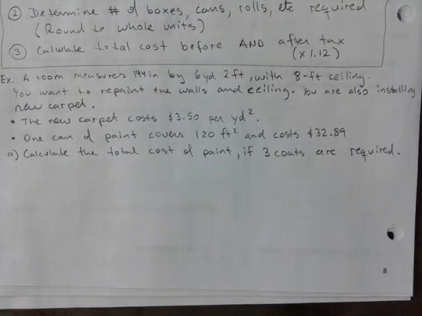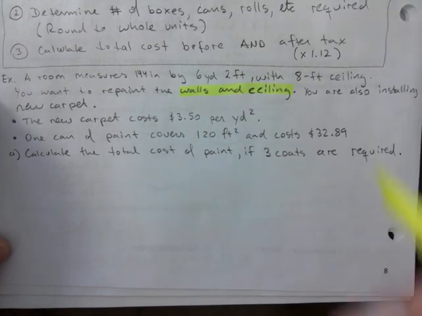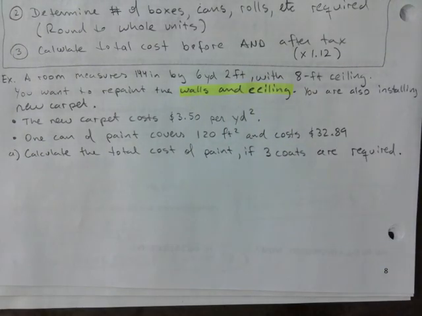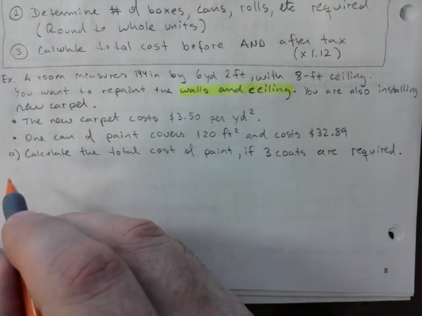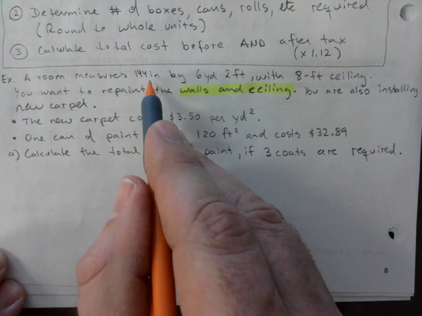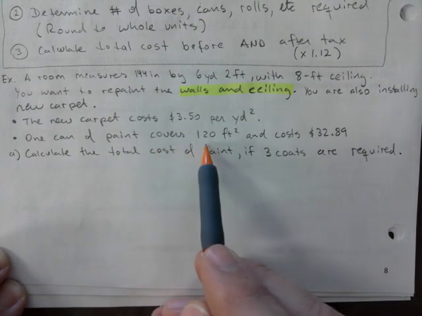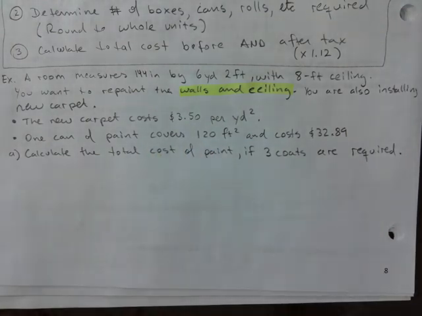So we're painting the room, and we're told that we're painting the walls and the ceiling. Okay? So the floor obviously is not going to be painted. So before we do the formula, I will transfer my measurements to some kind of unit that I can use. When you look at the cost of paint, we've got square feet.